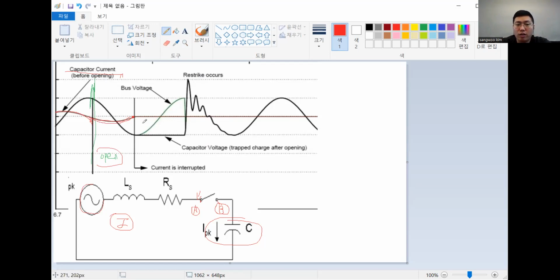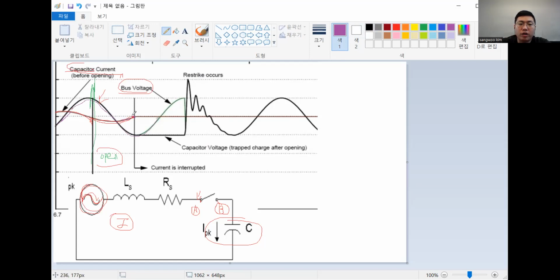Look at that. Here, this black line is the capacitor bus voltage, for example the source voltage, and this is the purple one.